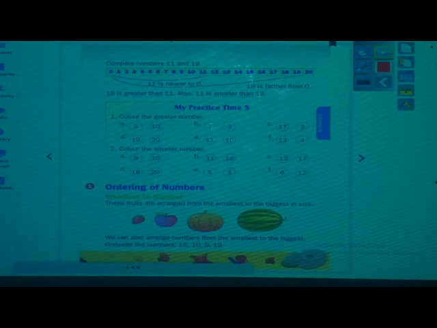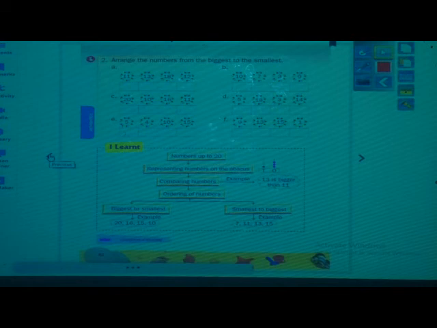So we can also arrange the numbers from smallest to the biggest. Consider the numbers 15, 10, 9, 19. अब ये 4 numbers हमें consider करना है और इसको smallest से biggest तक compare करना है.